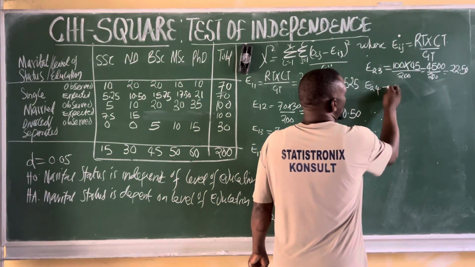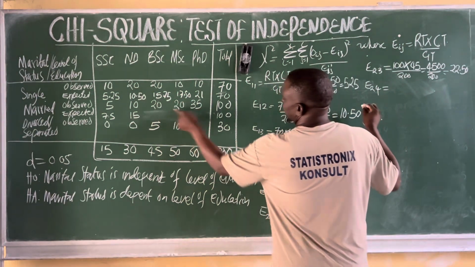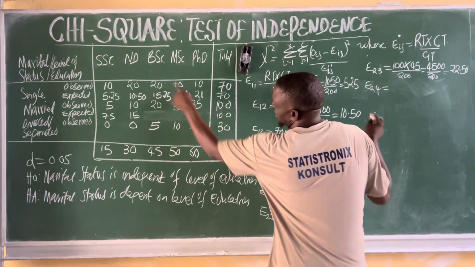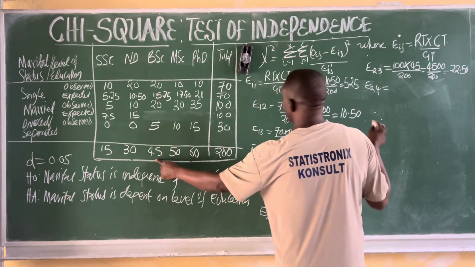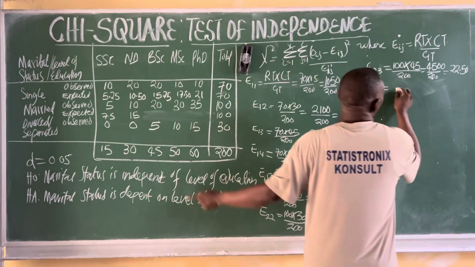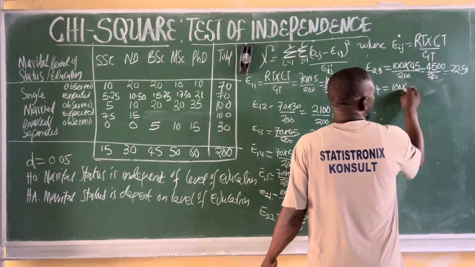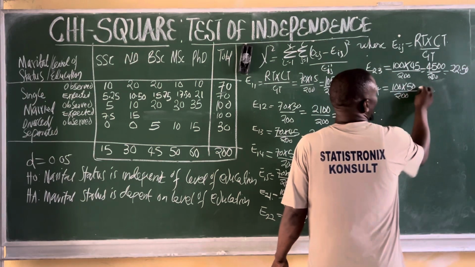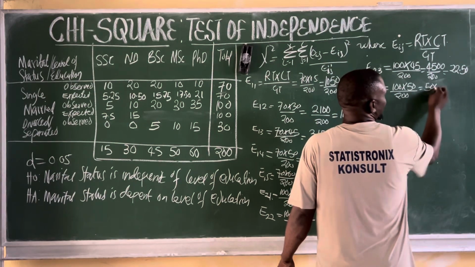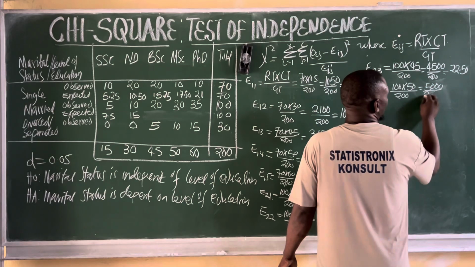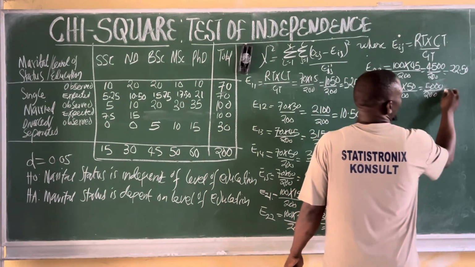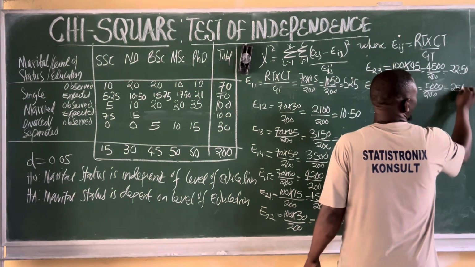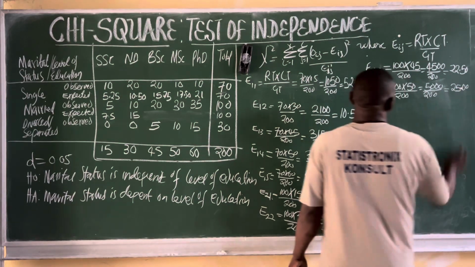So that our E24 will be equal to, now the total there is 100, and the total on the column is 50. So we have 100 times 50 all over 200. And that will be equal to 5,000 divided by 200, which will be equal to what? 25. Okay?